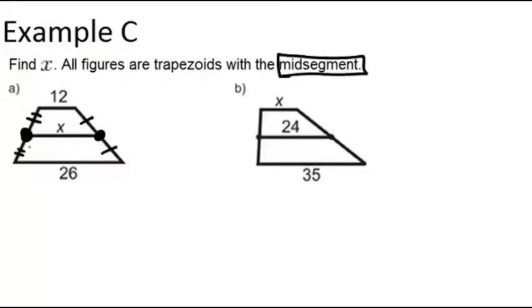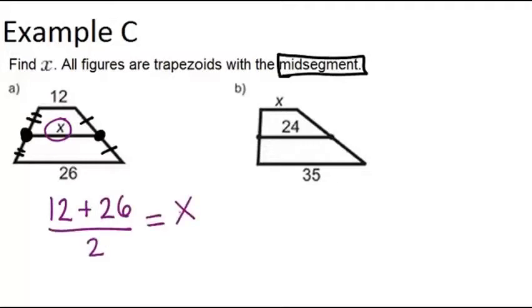Now, the way it works is that the length of the midsegment is the average of the length of the bases. So for the first one, since we're trying to figure out the actual midsegment, we take the two bases, which are 12 plus 26, and average them in order to get x. So 12 plus 26 is 38, and 38 divided by 2 is 19.